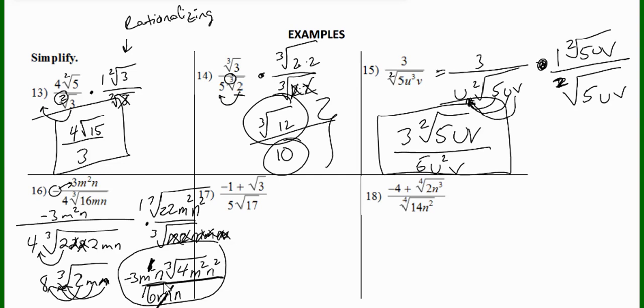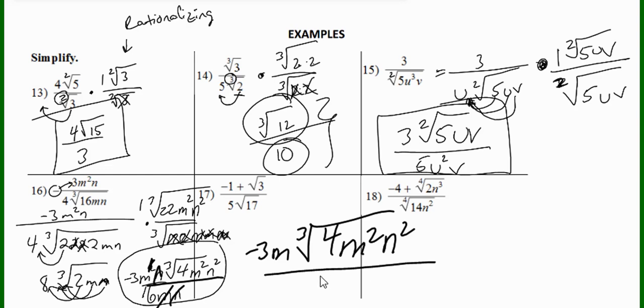And then I have an n on top and an n on the bottom, so now those are canceled as well. So that makes your final answer negative 3m, and then the third root of 4m squared n squared, over 16. And that is it. That is your final answer. Okay, that is the right one.